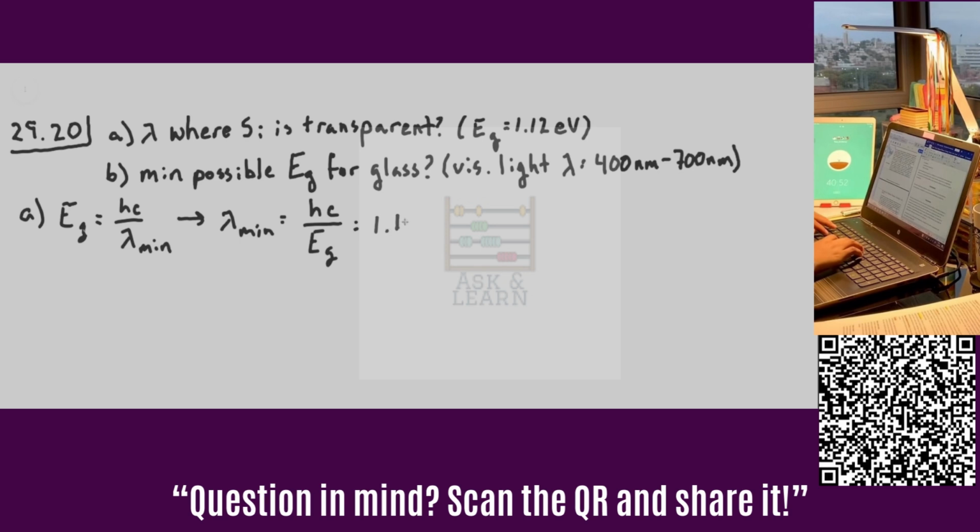And so this is 1.11 micrometers. This should look familiar from problem 18, because it's sort of asking the same question in a different way. And so it's going to be transparent for wavelengths that are longer than this.